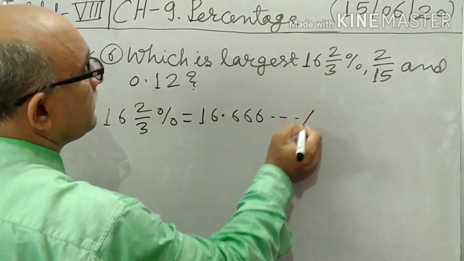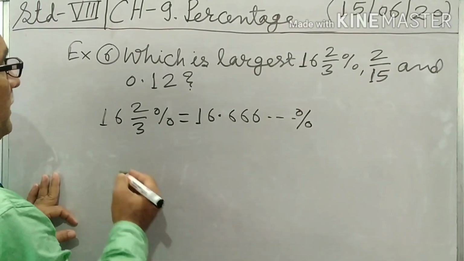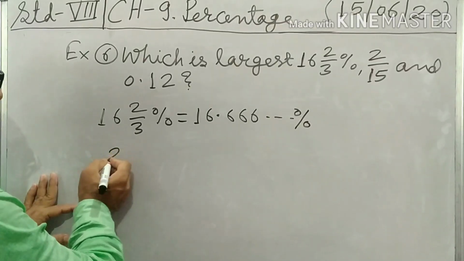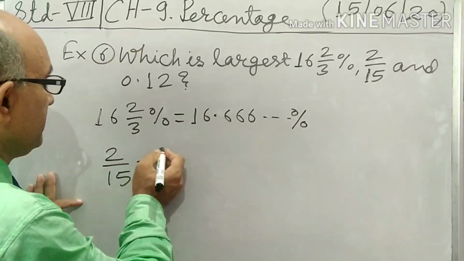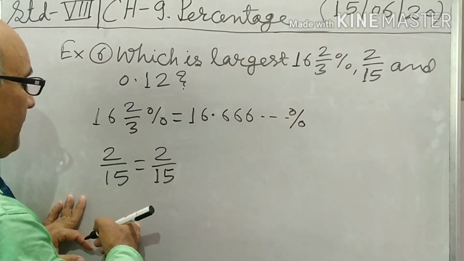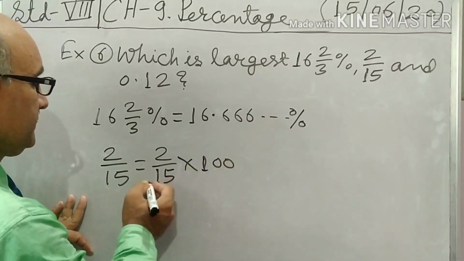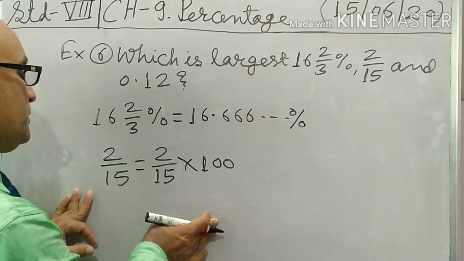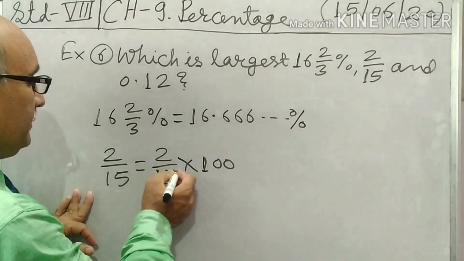Now the next number is 2 by 15. It is also changed into percentage. A fractional number we have to change into percentage by multiplying by 100. So 2 by 15 multiplied by 100.